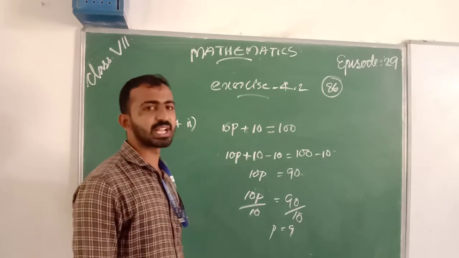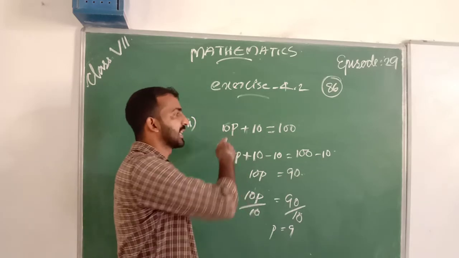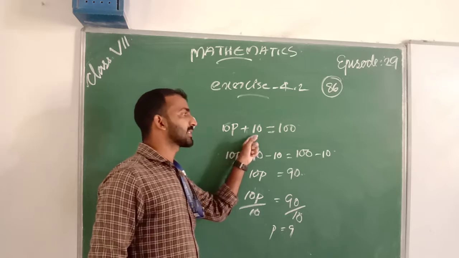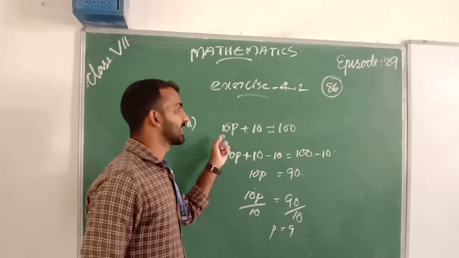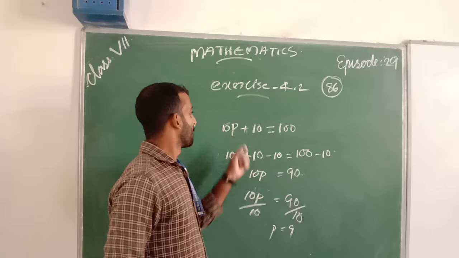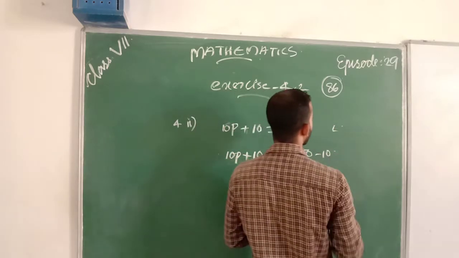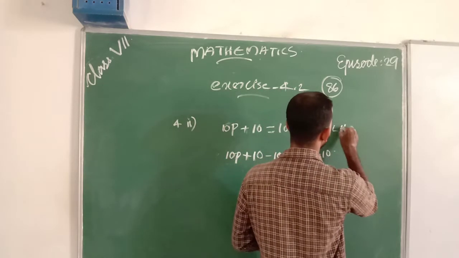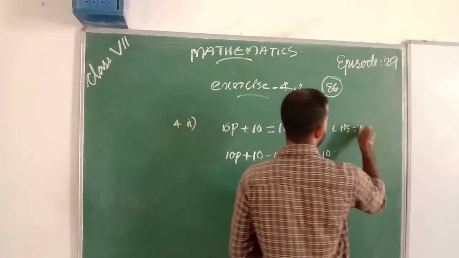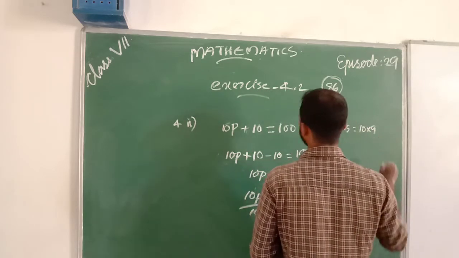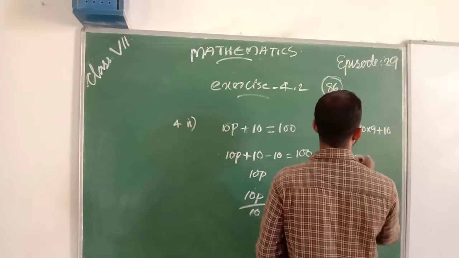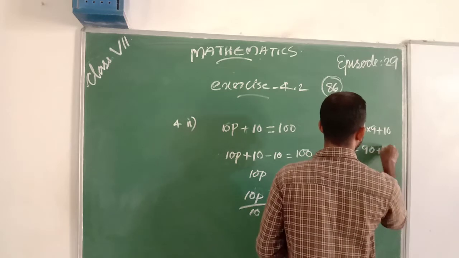When we check this, LHS is 10p plus 10. That is 10 into 9 plus 10, that is 90 plus 10.